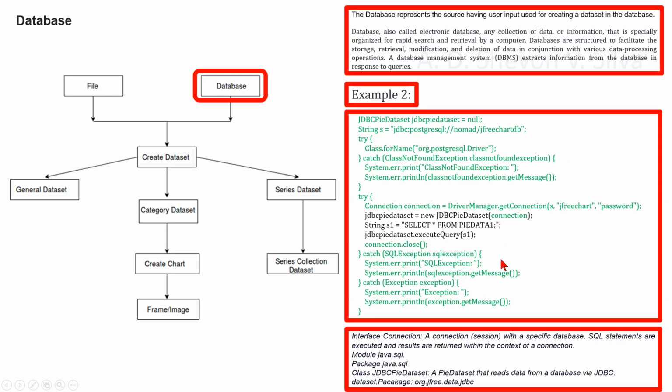As an example 2, we can consider this code segment. Here the interface Connection, a connection session with a specific database. SQL statements are executed and results are returned within the context of a connection.